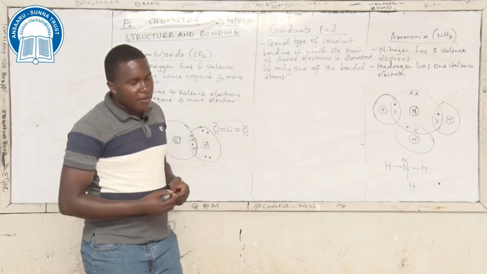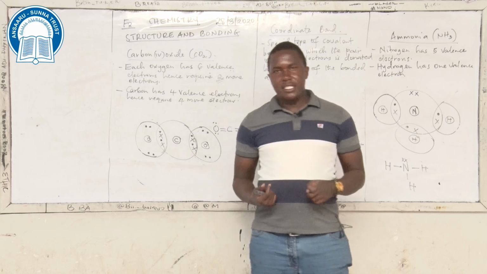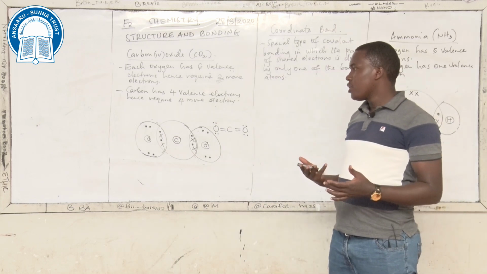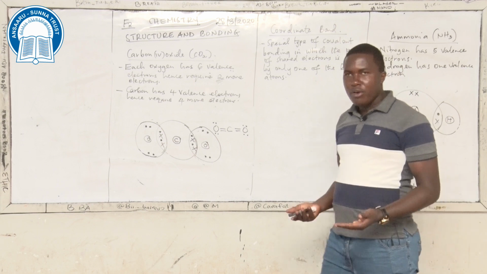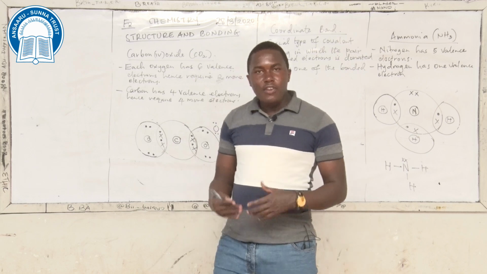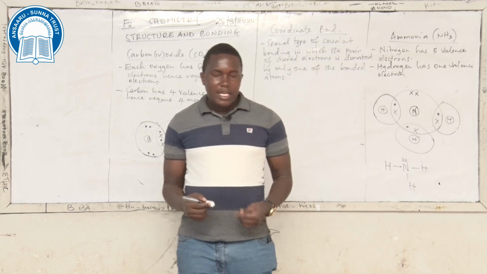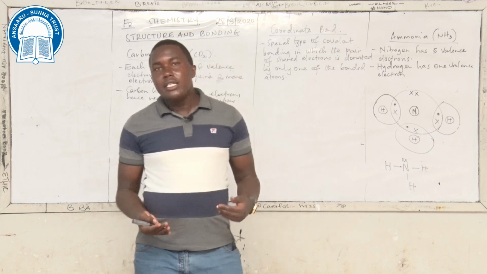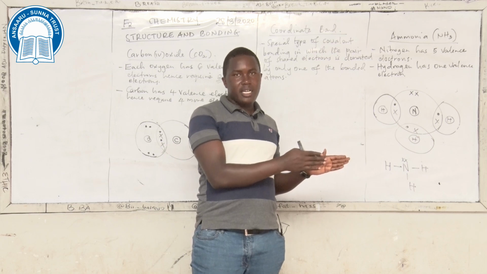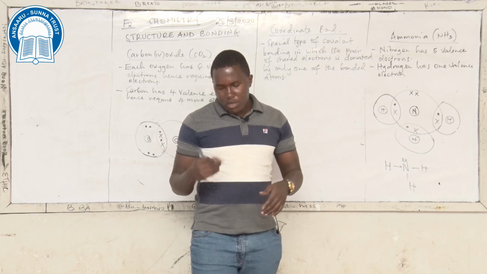So sometimes you can find that for bonding to take place there is need for some sacrifices, and this always happens, especially when you have 2 atoms that are bonding and one atom is deficient in electrons, or one atom has fewer electrons. You will find that in that case the atom with more electrons will decide to give the 2 electrons to be shared instead of each one of them donating 1.